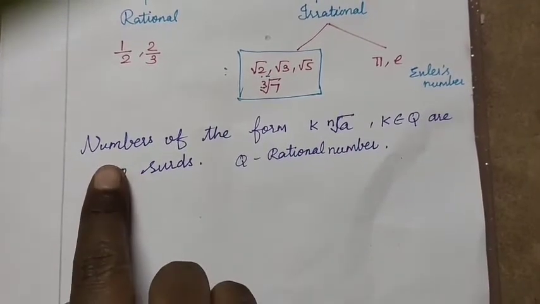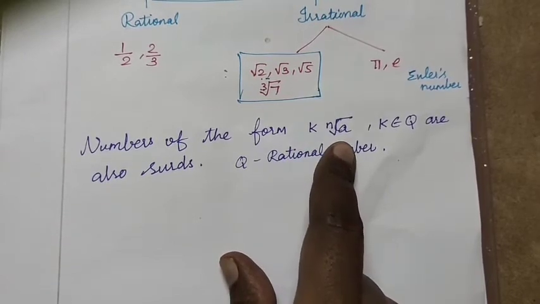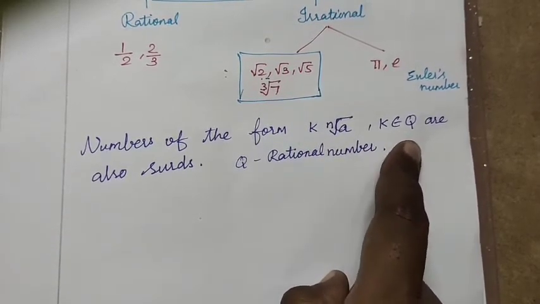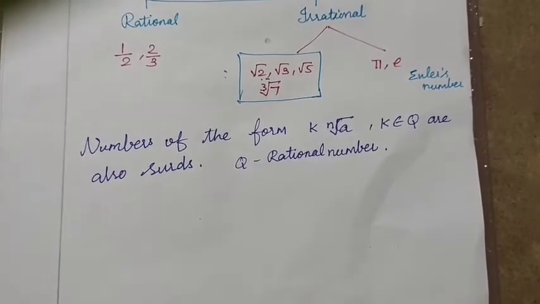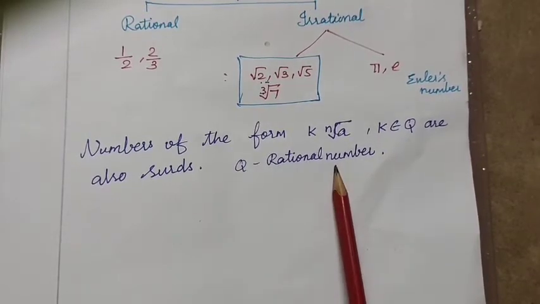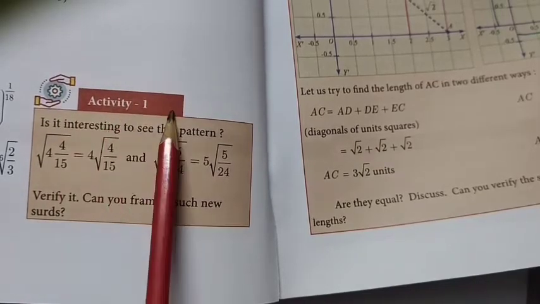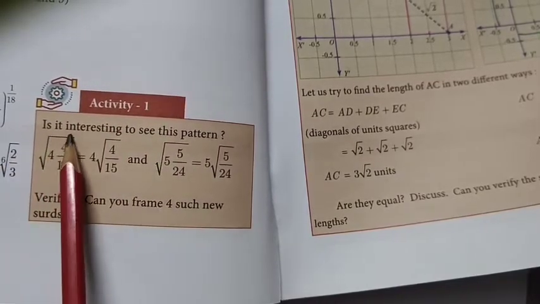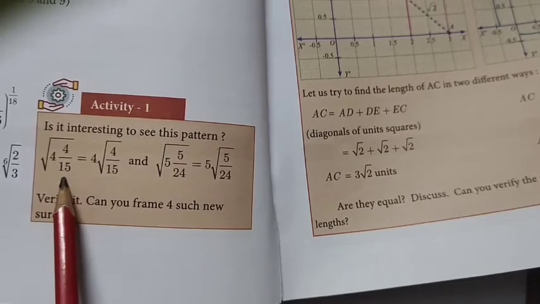Listen, numbers of the form k times nth root of a, k belongs to Q, are also surds. Here Q is equal to rational numbers. All of you take your book, page number 66. There is an activity 1. Is it interesting to see this pattern? Square root of 4 by 15.